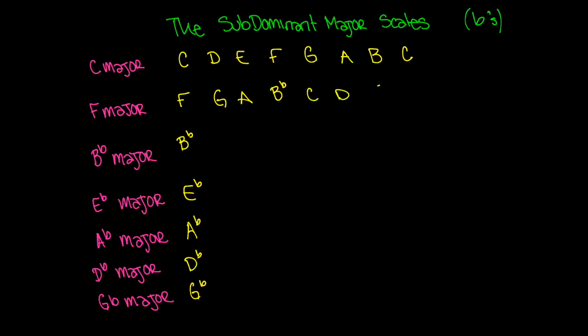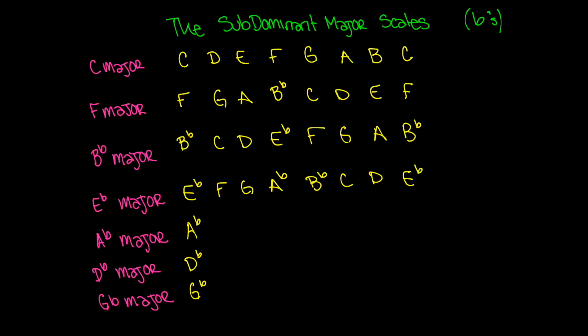Let's see, B flat, C, D, E, F, and we'll start here with B flat, C, D, E flat, F, G, A, B flat. E flat, F, G, A flat, B flat, C, D, and E flat. Let's see, going on, we have B flat, C, D flat, E flat, F, G, and A flat.